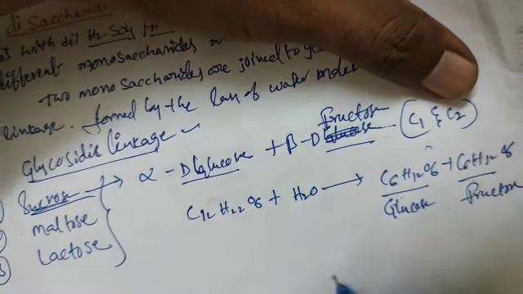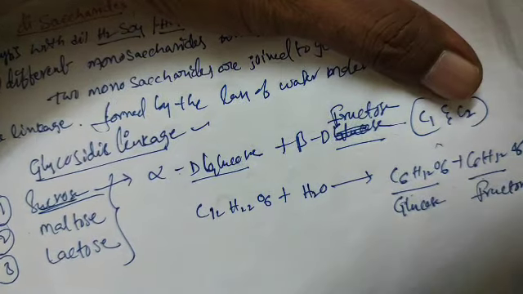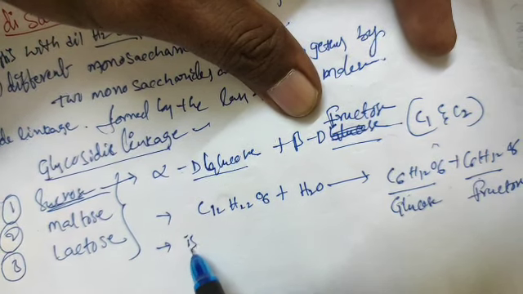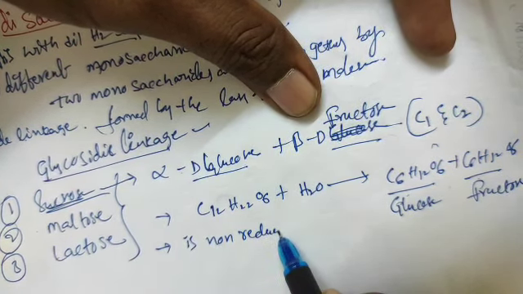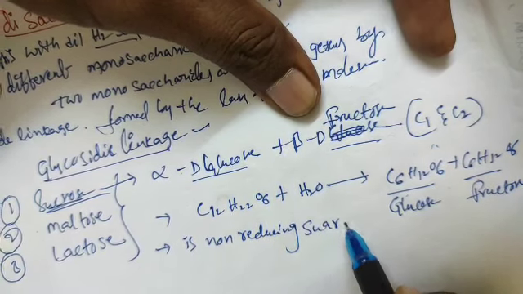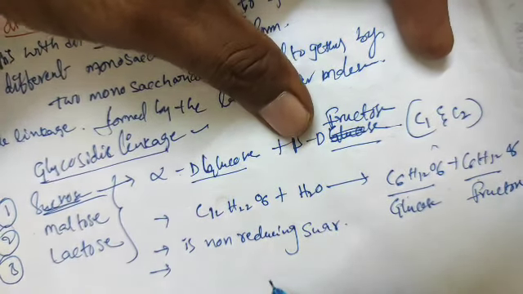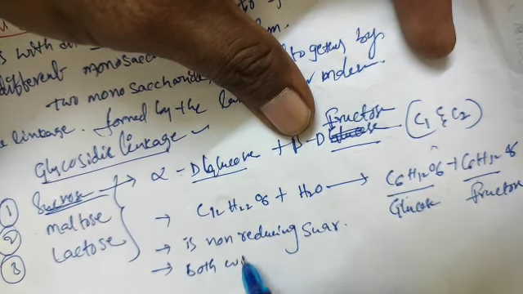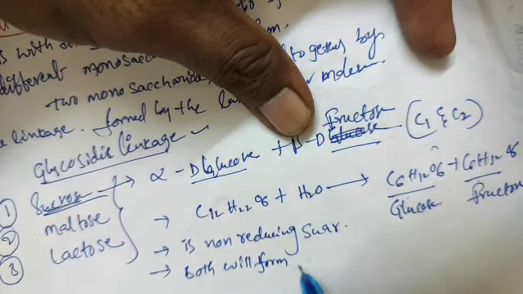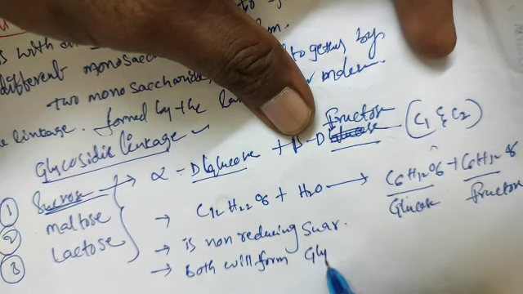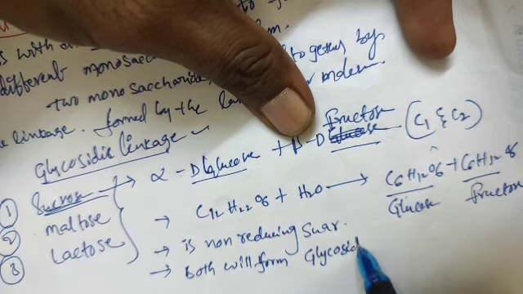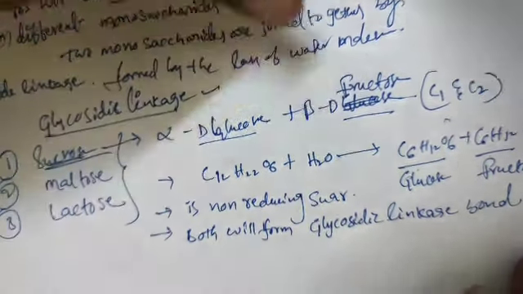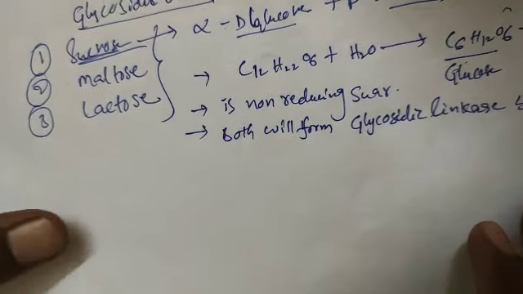Sucrose is a non-reducing sugar. Both form a glycosidic linkage or bond. How it forms, I will tell.